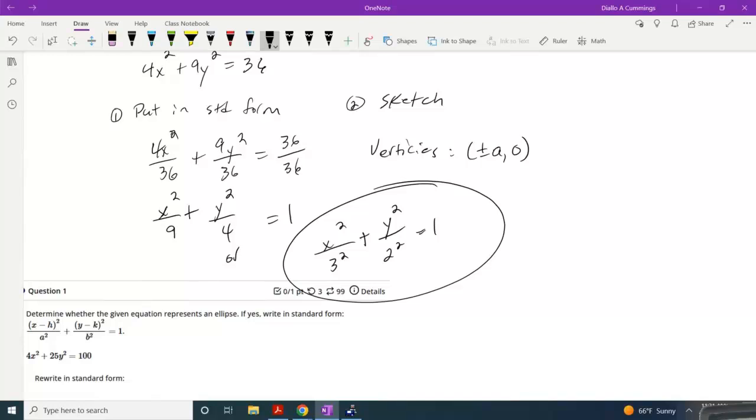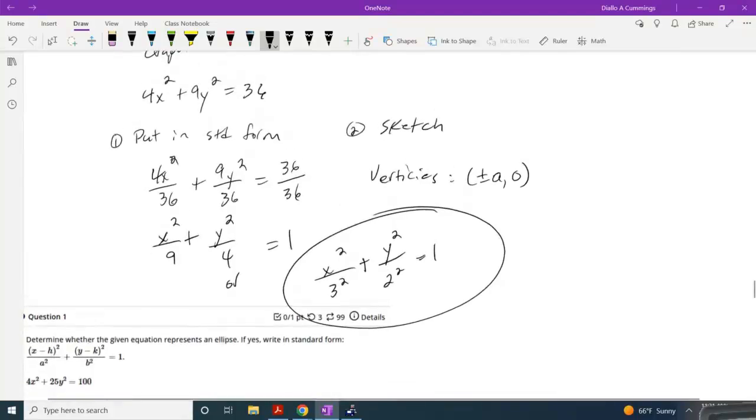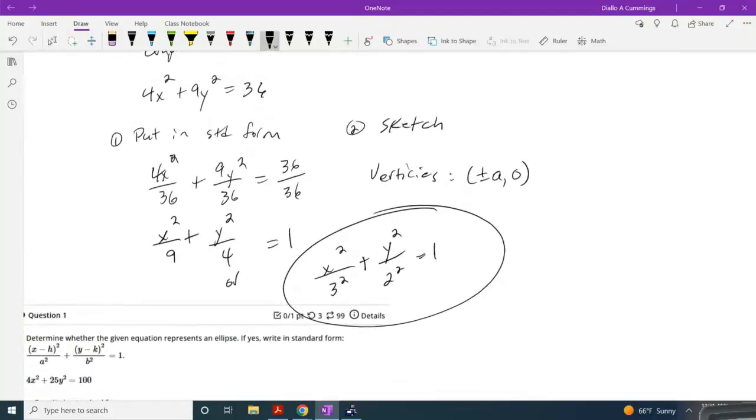Well, a is going to be 3, right? So that means if a squared is 9, then a is going to be 3. So my vertices are located at plus or minus 3 comma 0.